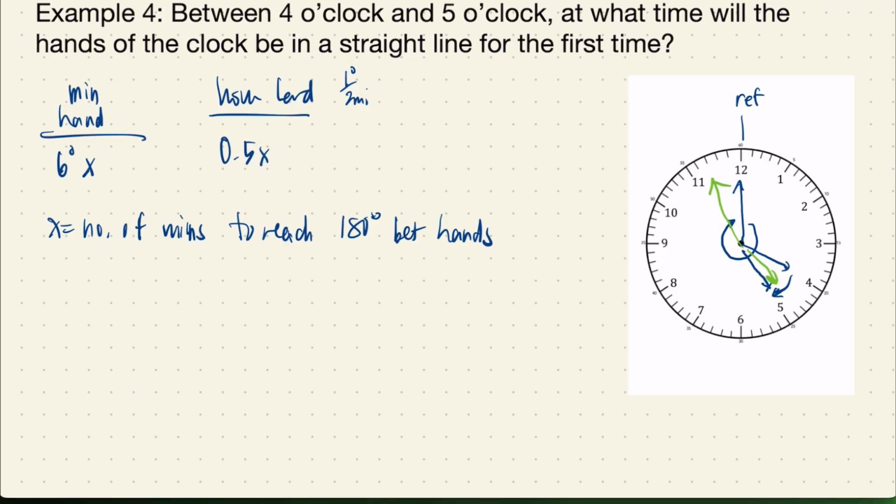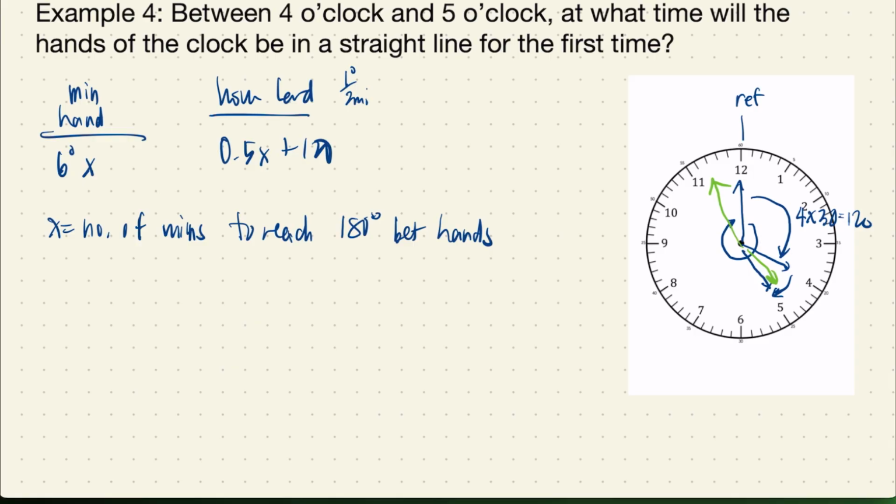But also, we add the head start or yung partida, no? Kasi, based on the reference, the hour hand will only start at 4. So, it skipped a total of 4 hours. So, 4 times 30, 120. So, we add 120 here. Okay?